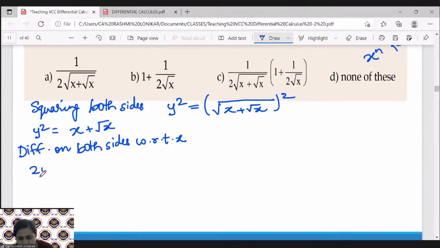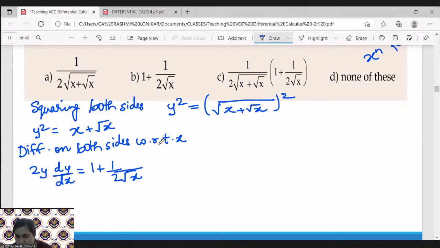It will be 2y dy by dx. Derivative of y square will be 2y dy by dx. What will be the derivative of x? 1. Last time we have done this. And what will be the derivative of this? This will be equal to 1 by 2 into root x. Okay. You can do this.